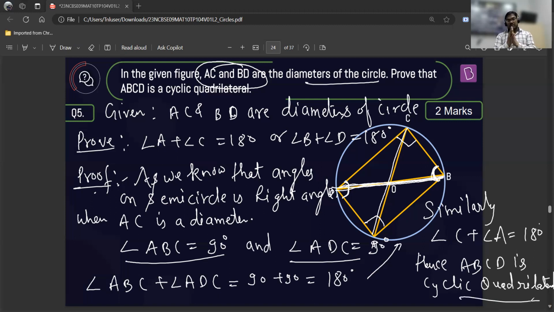To prove any quadrilateral is cyclic, we just prove that the opposite angle sum is 180. We are done, right? So this is the converse part of the previous part that we have discussed.